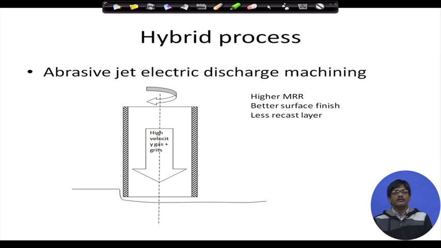So, we have been looking at abrasive jet machining from so many angles. Let us look at it from the point of view of hybrid processes which have developed with respect to abrasive jet. We will be talking about abrasive jet electric discharge machining.